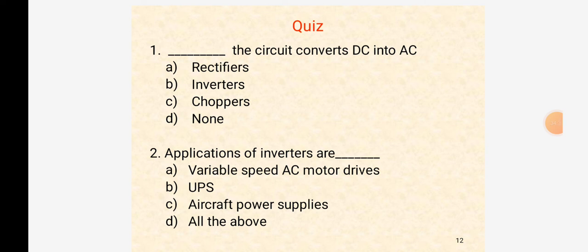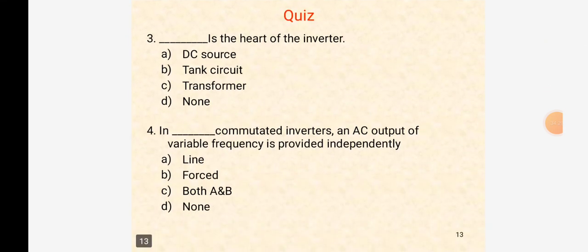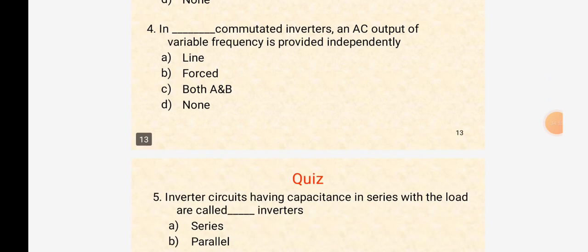The answer is all of the above, D. Another question: what is the heart of the inverter? Options: DC source, tank circuit, transformer. The answer is the DC source. In dash commutated inverters, an AC output of variable frequency is provided independently; the answer is forced commutated inverters.